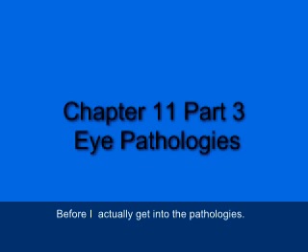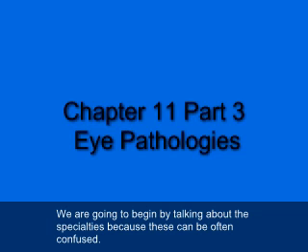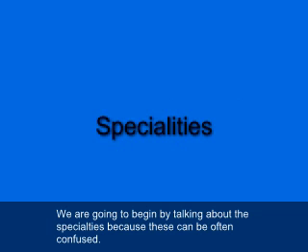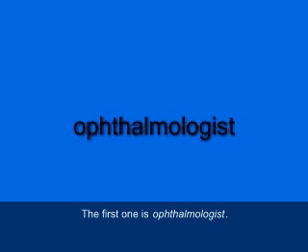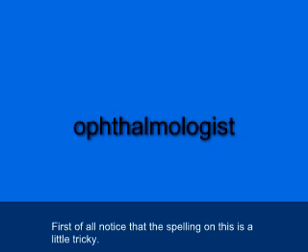Before I actually get into the pathologies, I'm going to begin by talking about the specialties because these can be often confused. The first one is ophthalmologist. First of all, notice that the spelling on this is a little tricky.